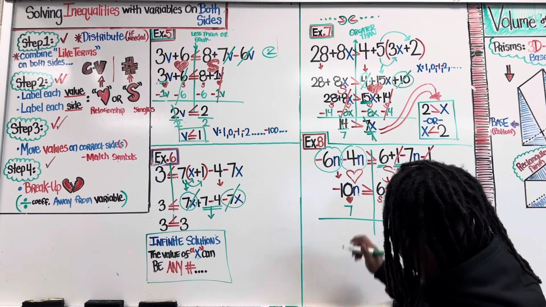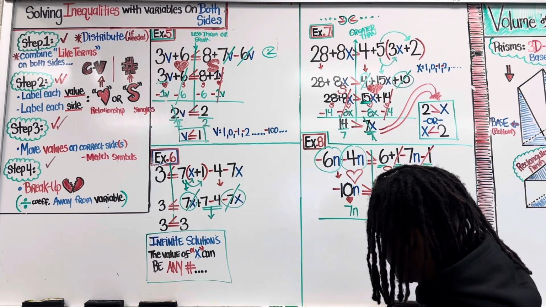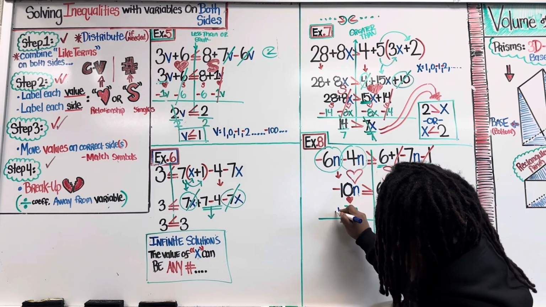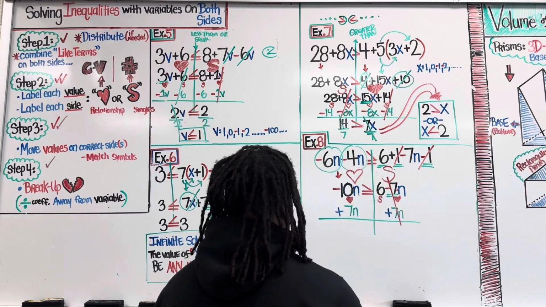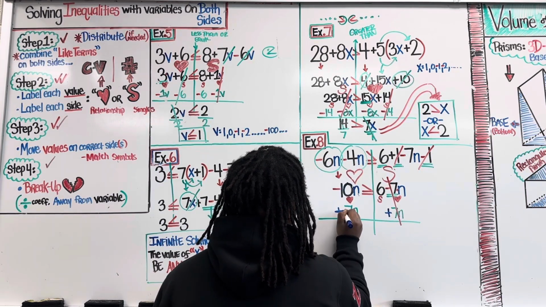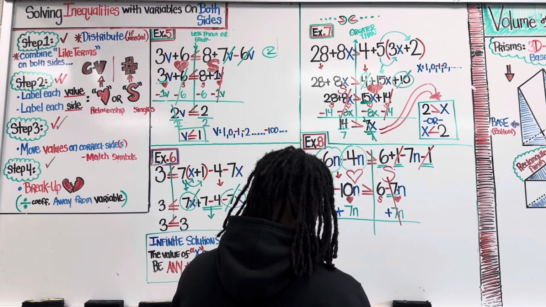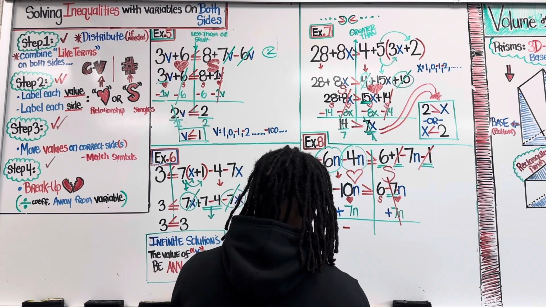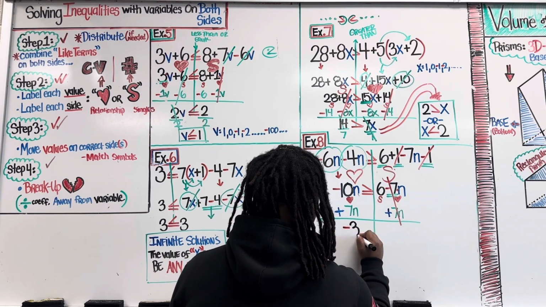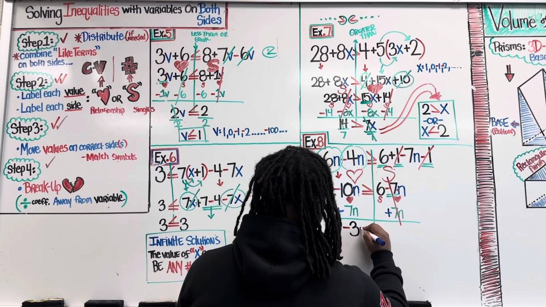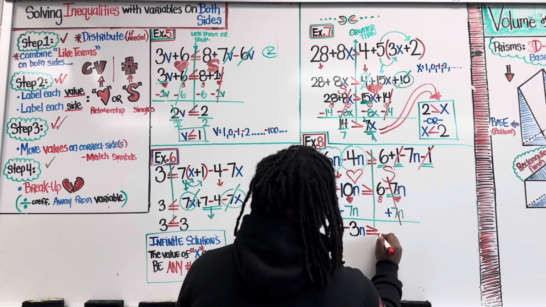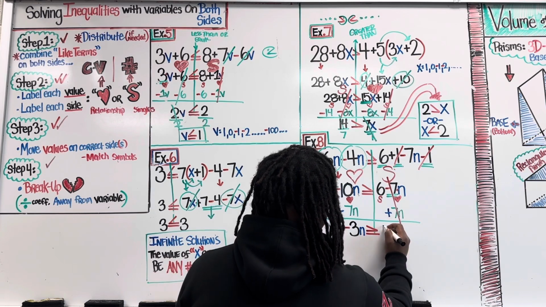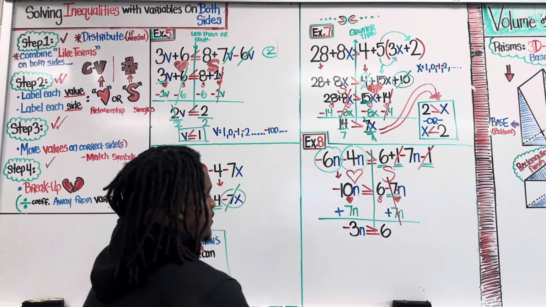Cool. All right, negative 10 plus 7n is negative 3n, all right? If you have a calculator, you'll find out that that's negative 3, which is negative 3n in this particular case. All right, so I'm gonna put negative 3n is greater than or equal to 6, okay?